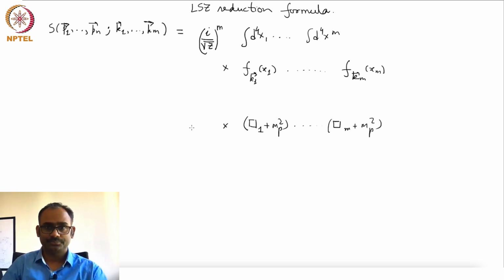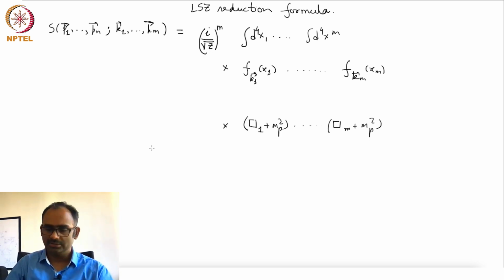okay, times P1 to Pn, that is the out state, then the time ordered product of these fields phi at x1, phi at x2, and so on, phi at xm, and here you have the vacuum.